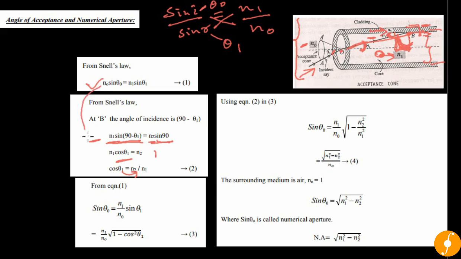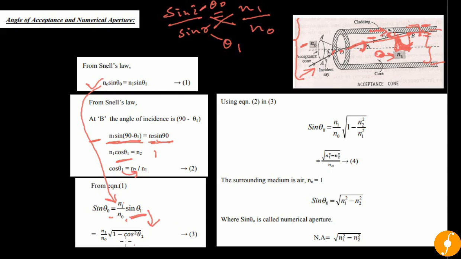Now from equation 1, when we rewrite this equation, we get sin theta naught equal to N1 divided by N0 times sin theta 1. Now we want to change this sin theta 1 into cos theta 1, and we'll use the mathematical formula sin theta 1 is equal to the square root of 1 minus cos square theta 1.